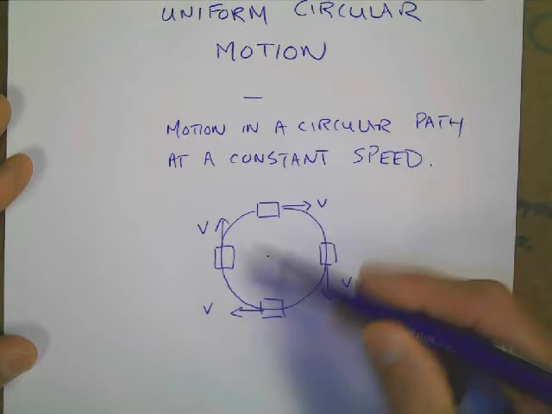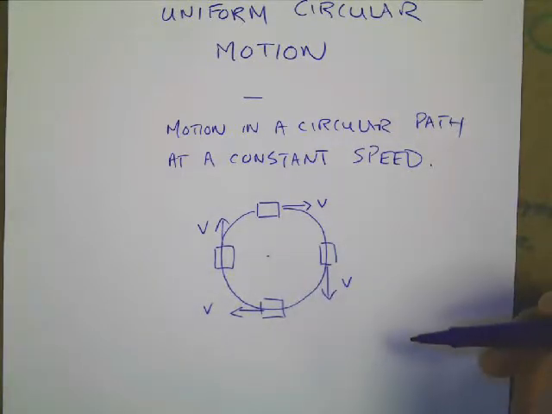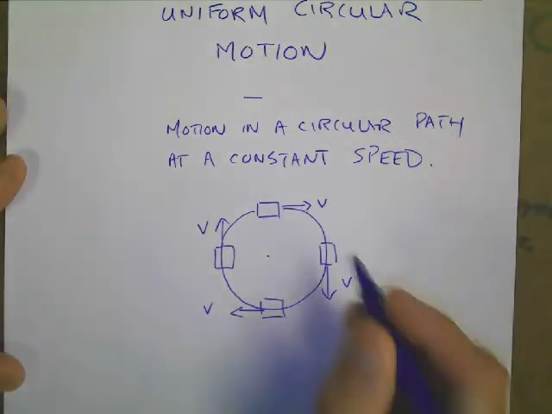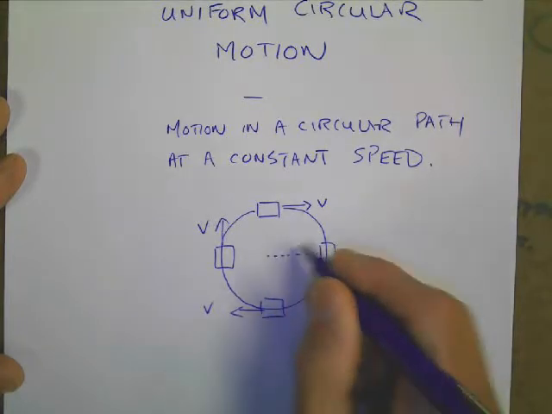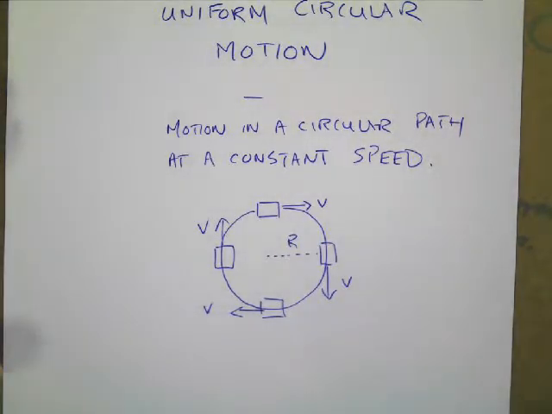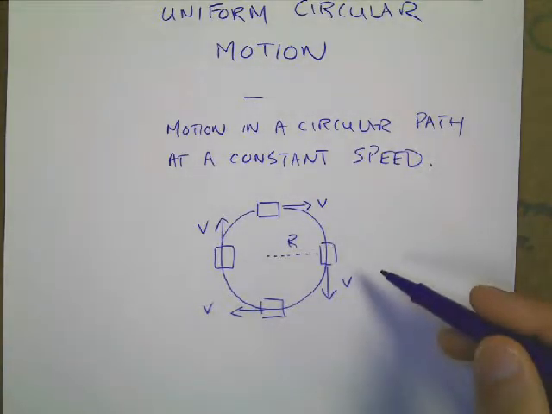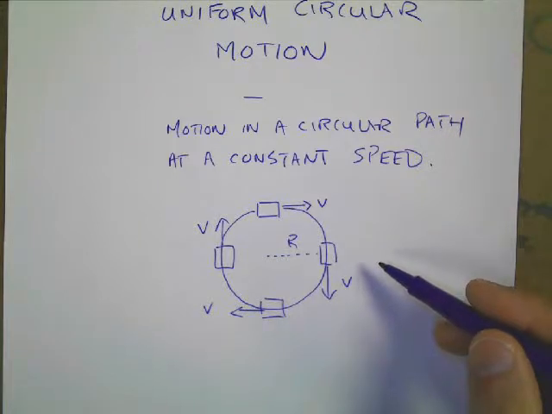So let's think about a car that's moving in a circle at the same speed but with a changing direction. And you could imagine the circle might have some radius r. What I'm going to do is show you that in a case like this, there's a special type of acceleration that happens. And the acceleration is called centripetal acceleration.